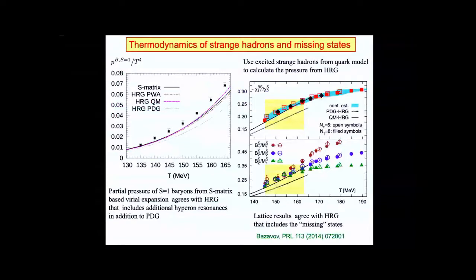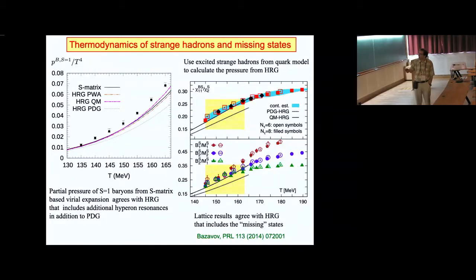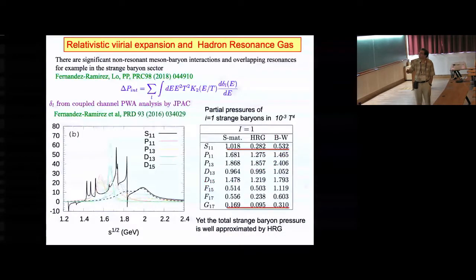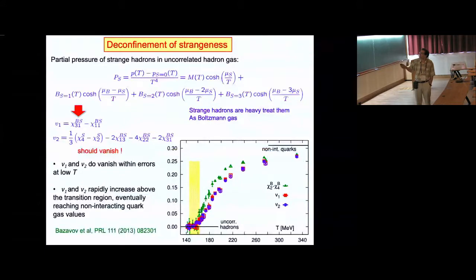Okay, so now here I show the contribution of strange baryons with strangeness 1 to the total pressure, which of course is a small number. As I said before, once you do this decomposition of the strange pressure in terms of different meson and baryon contributions, you could essentially extract this partial pressure from the lattice data.